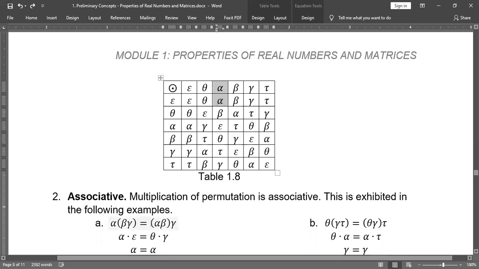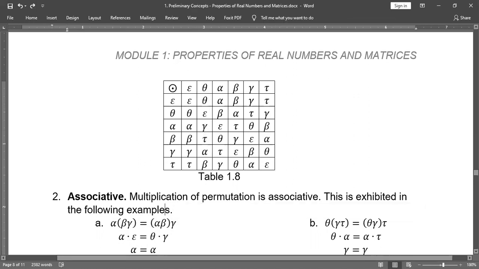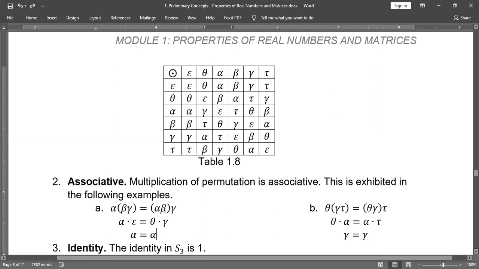And then, dun sa right side ng equation natin, alpha beta is theta. Okay? Alpha beta is theta. And then, theta gamma is alpha. Therefore, alpha is equivalent to alpha. So, regardless of the order ng ating factors, we'll be getting the same result. Yun yung ibig sabihin ng associativity.